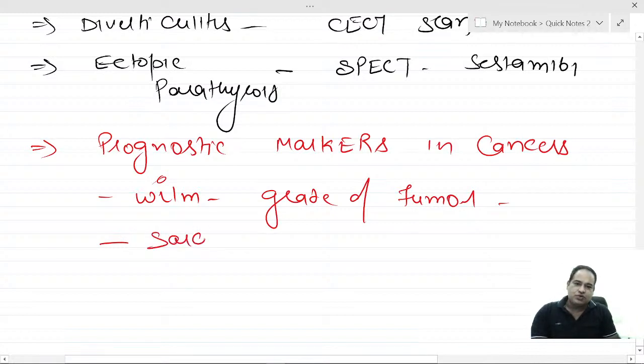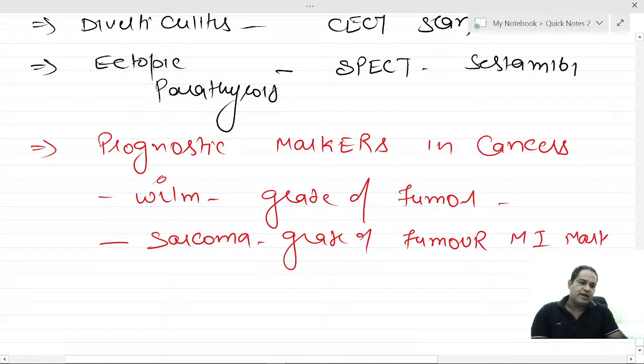Also in sarcoma, the grade of tumor is the most important marker.